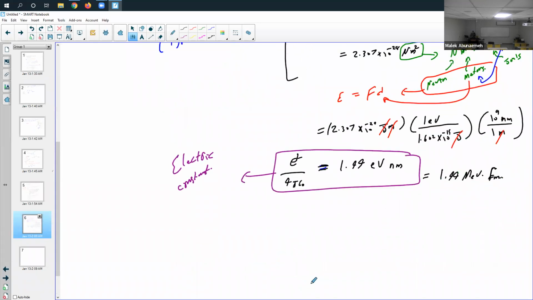But basically, the one we're going to be using the most is 1.44 electron volt nanometers.